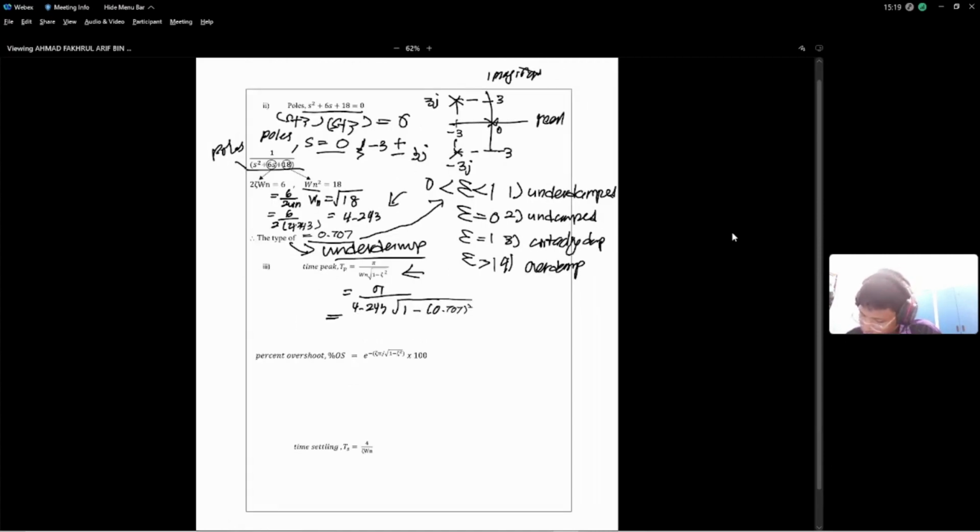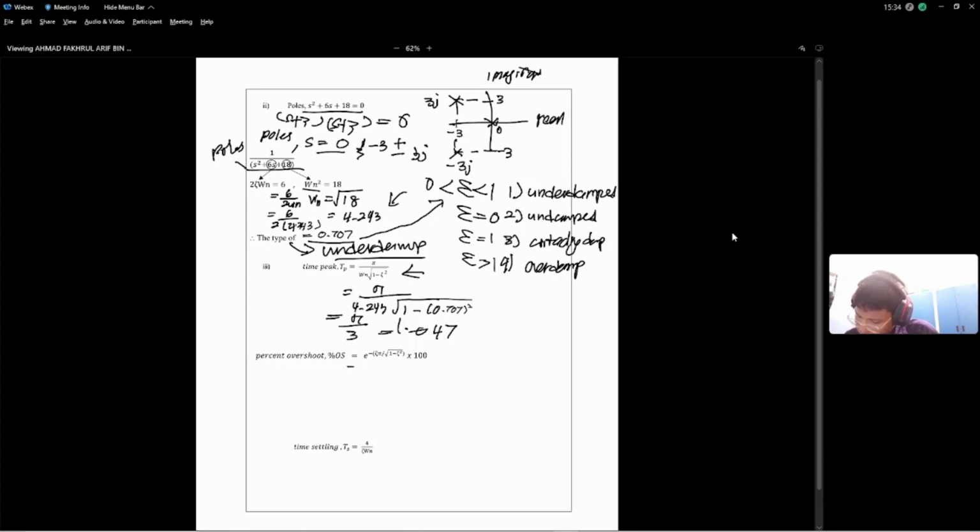The answer will be pi over 3, which equals 1.047.